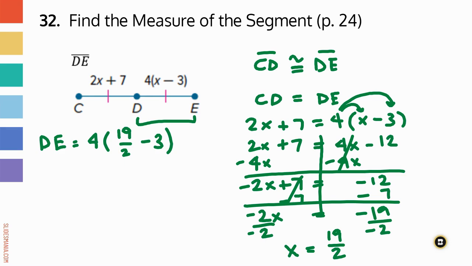So I'm going to do 4 times 19 over 2 minus 3. And I get 26. Okay, so that means that I should also get 26 for CD, and you can check that if you want.